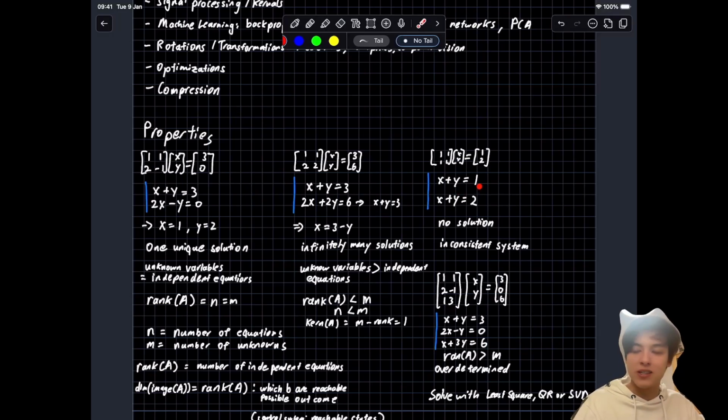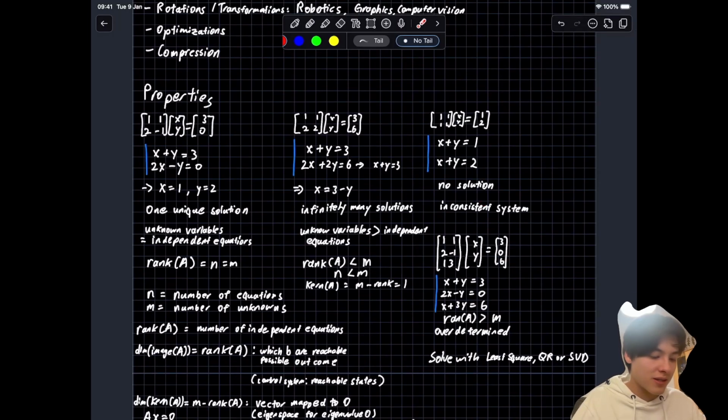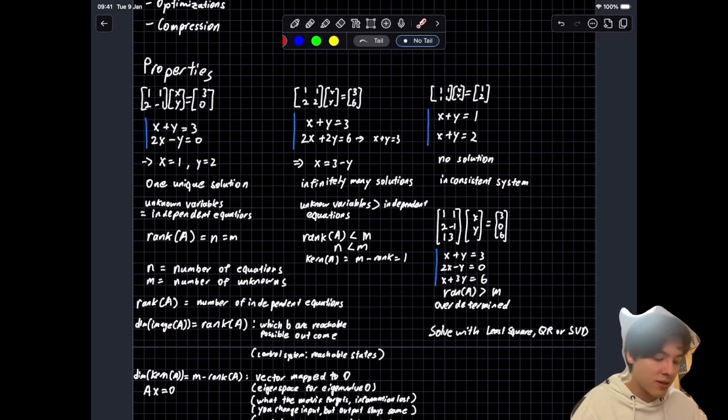One time you measure it, it equals 1. Another time you measure it, it equals 2. So what do you do with linear algebra? You can still get the least squares solution, the best solution with the least error. Normally it's no solution because it's inconsistent.